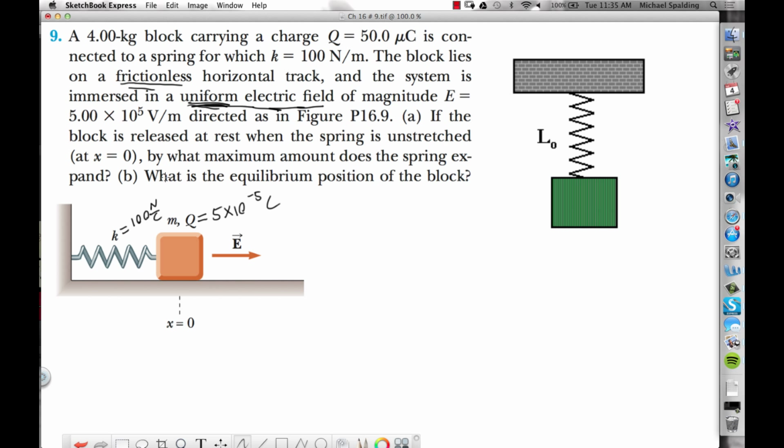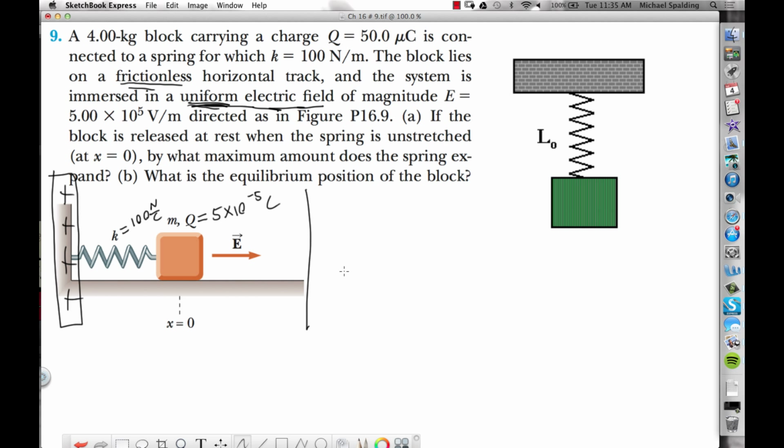The place that you find a uniform electric field is between oppositely charged parallel plates. This is where you'll have a uniform electric field, right? In between oppositely charged parallel plates. So if you want to really wrap your brain around this problem, you can visualize that over here is a positive plate.